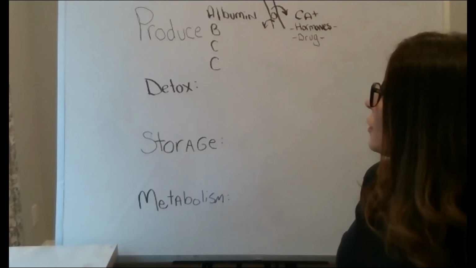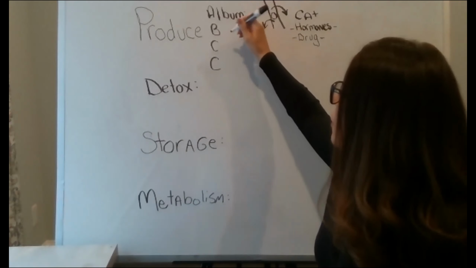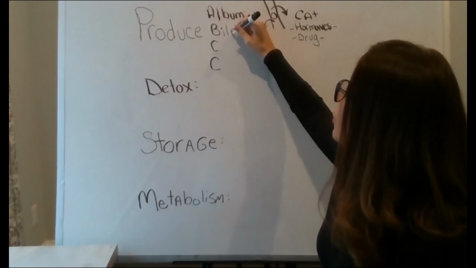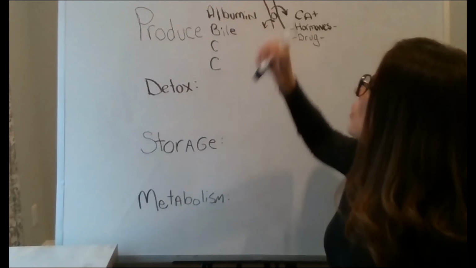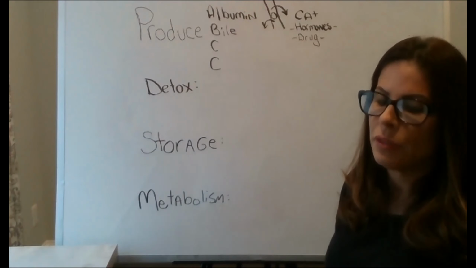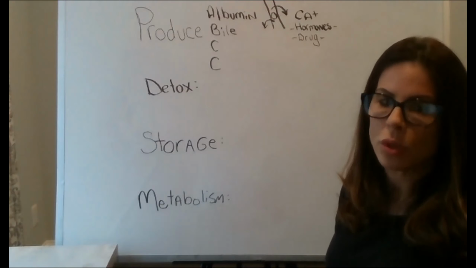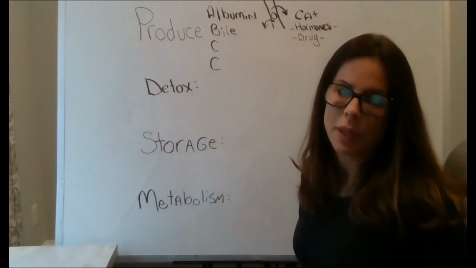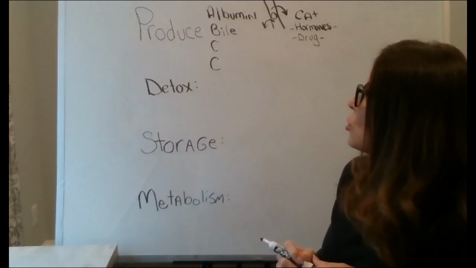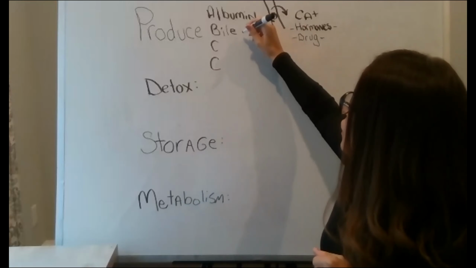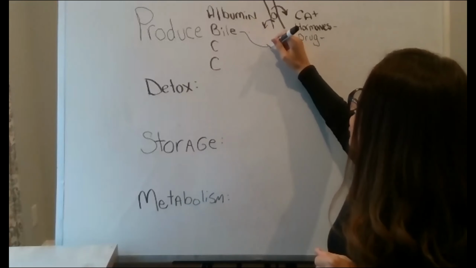All right, the liver is a producer of B for bile. We need bile to help us absorb our fats. In a patient with liver disease, if we're not able to absorb our fats, we know already, similar to chronic pancreatitis, that we will have what's called steatorrhea and malabsorption.